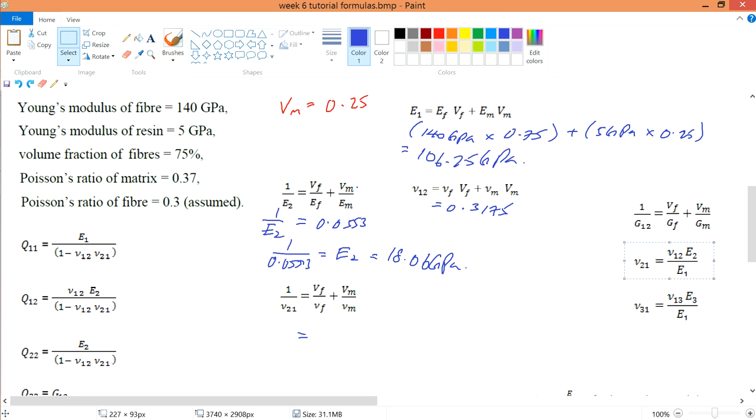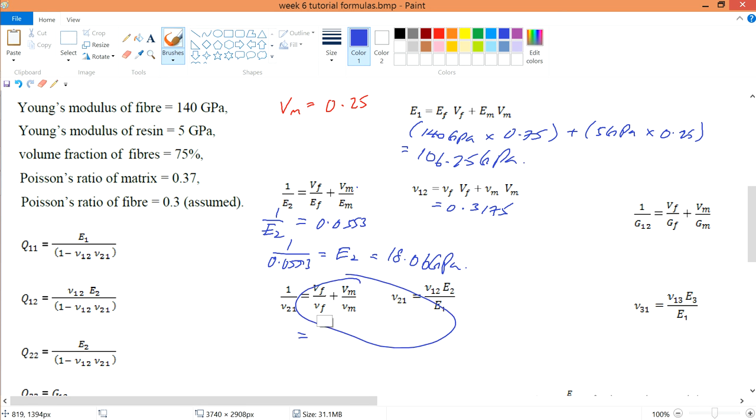So you can use two types of equations to solve for your Poisson ratio 21. This is a more detailed way. Normally if they ask you to find the volume fraction of the matrix or of the fiber, then you need to work backwards. If they give you this value, you work backwards to find these values. Either way, you should get your Poisson ratio 21 as 0.0538.